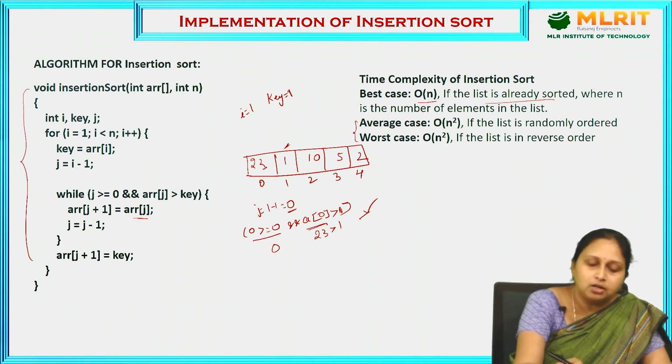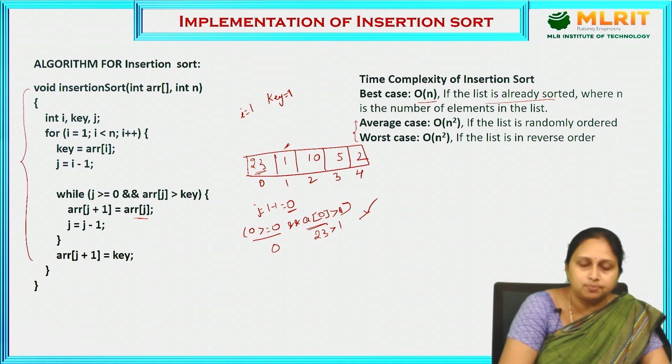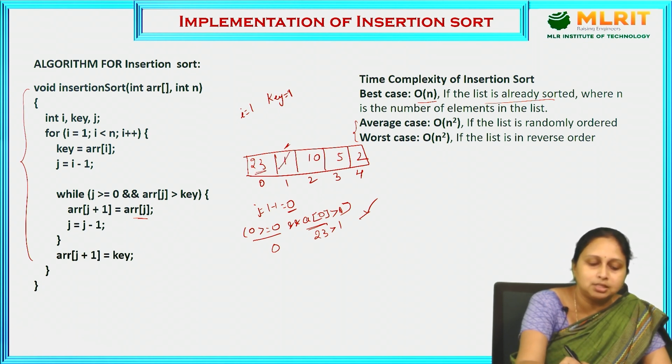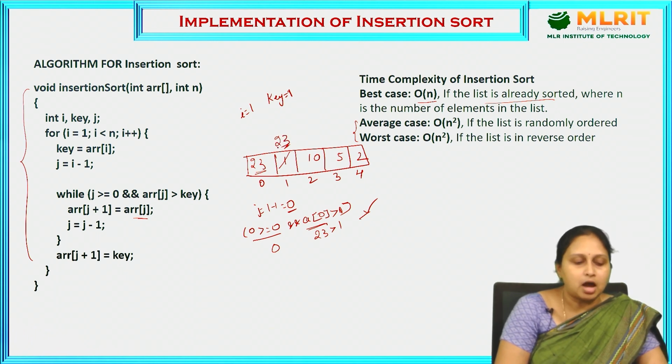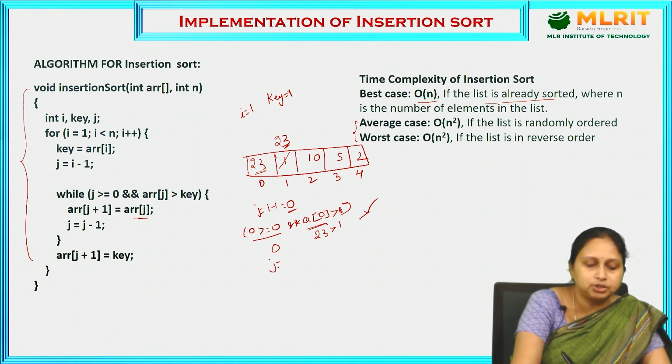A of j value is how much? It is nothing but this 0 index value. That one we are going to place in a of j plus 1. That is, here we are going to place 23. Now j will be again minus 1. That is, j equal to j minus 1. Now what is your j value?